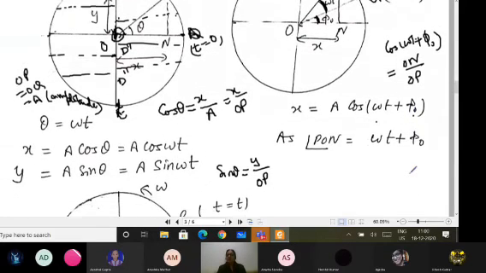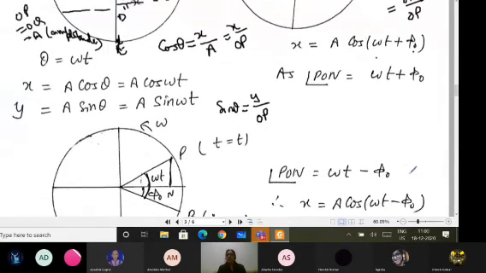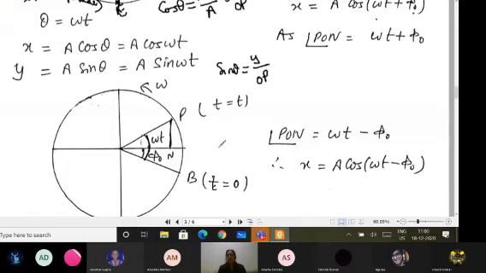But if from the below side of the reference line, like at t equals to 0, here it is at some point B, and then in t time it is reaching up to point P, moving with angular velocity omega, then this angle now will be equal to omega t, total angle from the OB line.